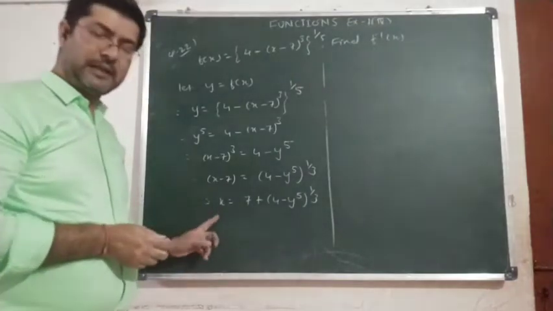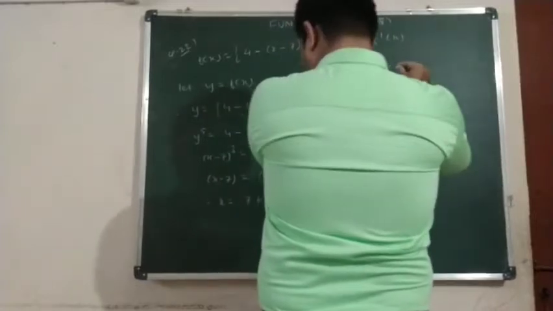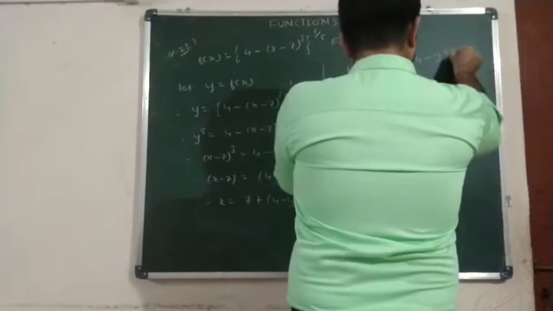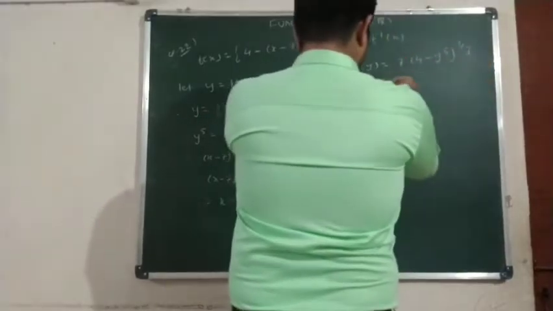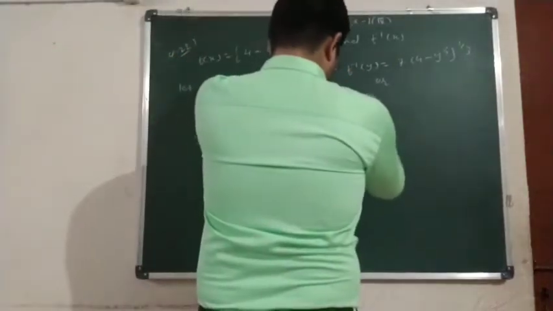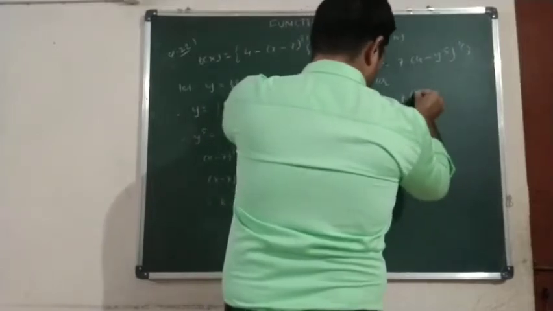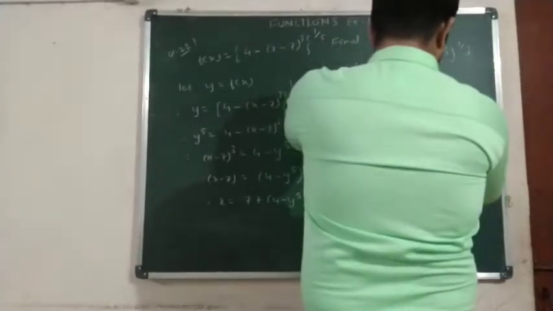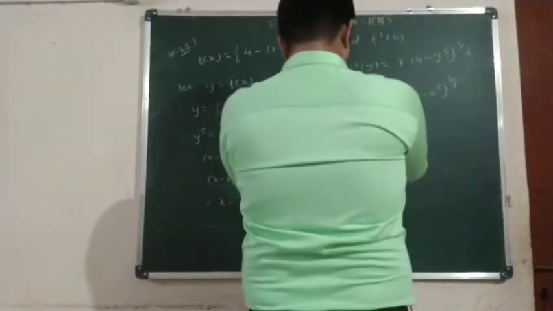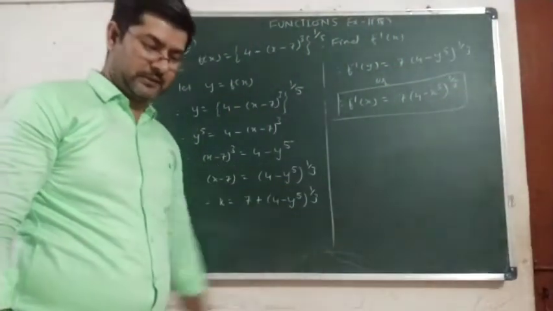Finally, replacing x by f inverse y, therefore f inverse y is equal to 7 plus 4 minus y raised to 5 whole raised to 1 by 3, or replacing y by x, we will get f inverse x is equal to 7 plus 4 minus x raised to 5 whole raised to 1 upon 3. This is the required f inverse x.